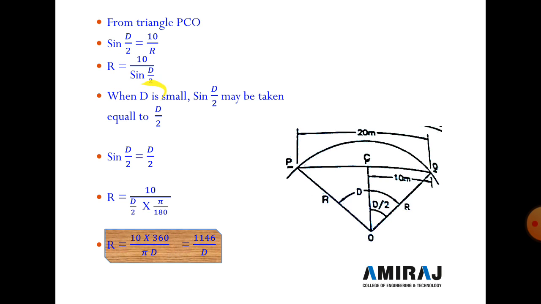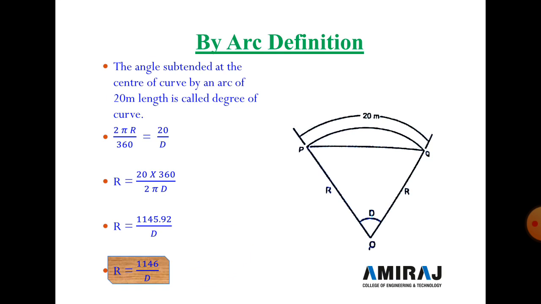Where D is small, sine D by 2 may be taken equal to D by 2. So R is equal to 10 divided by D by 2. Converting with pi divided by 180 into meter, R is equal to 1146 divided by D. Clear? So we can easily find the radius of any curve.